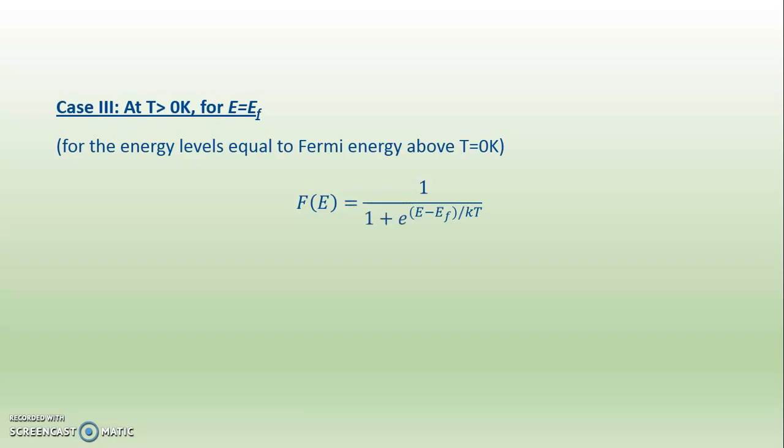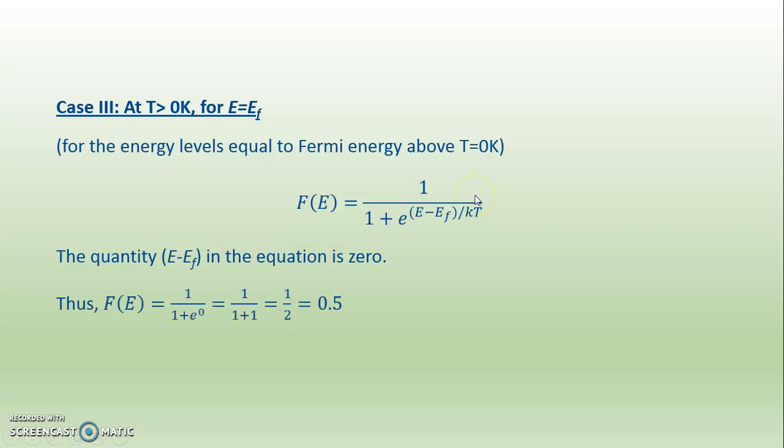So again see the Fermi-Dirac probability distribution function f of E: 1 upon 1 plus e raised to (E minus EF) upon kT. Now in this case E and EF are equal, so this difference E minus EF becomes 0, divided by a positive number. So this 0 upon a positive number gives 0.